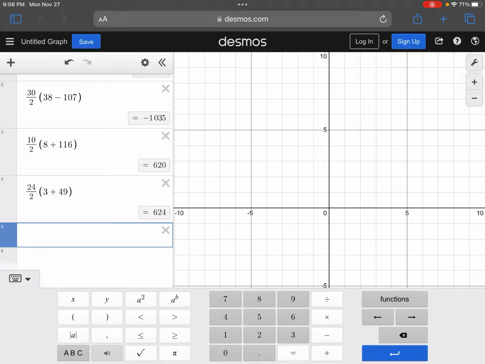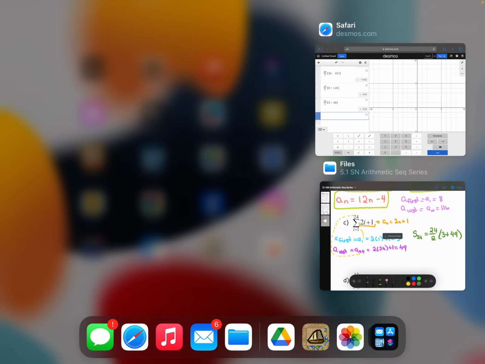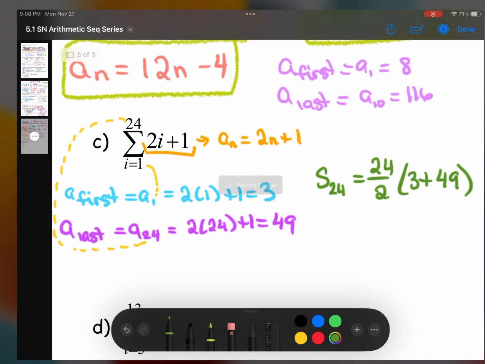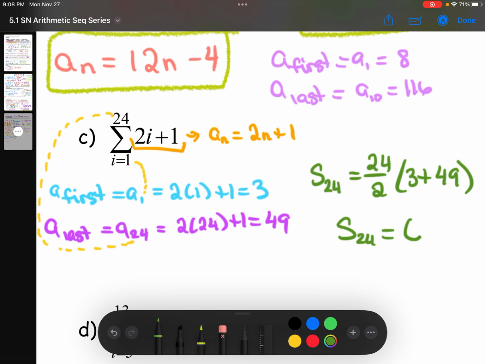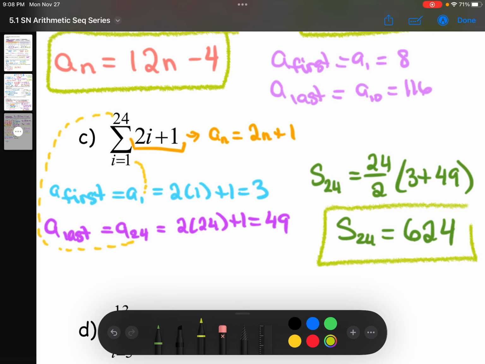So the sum of those terms is 624. And there is our sum.